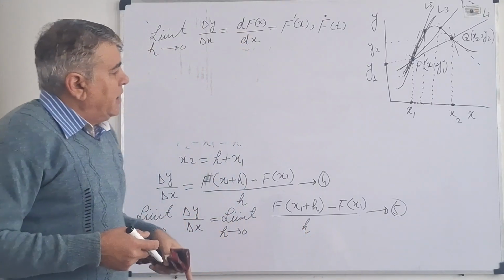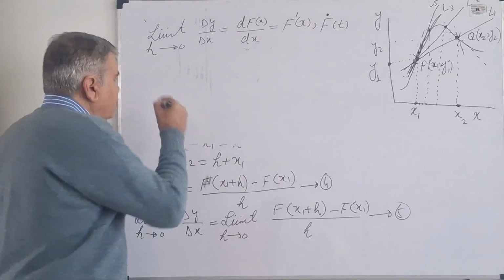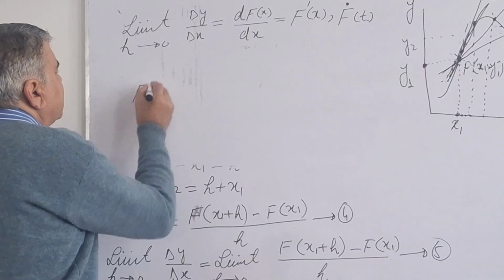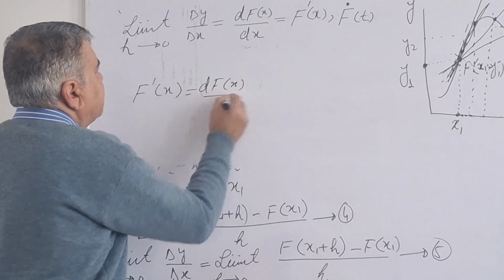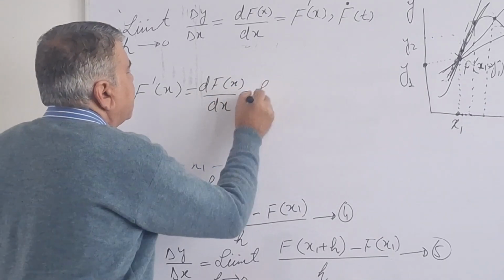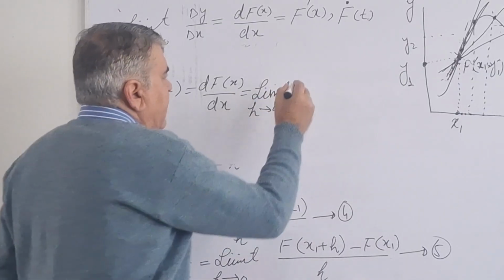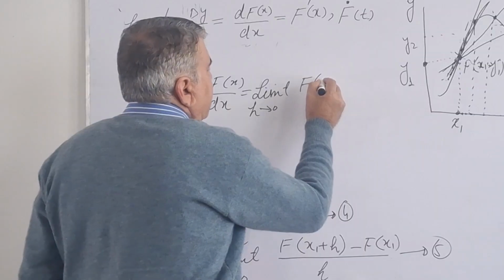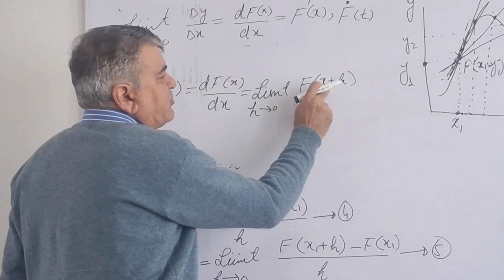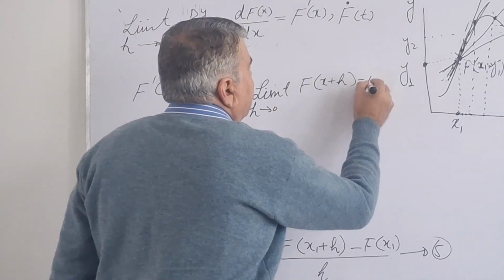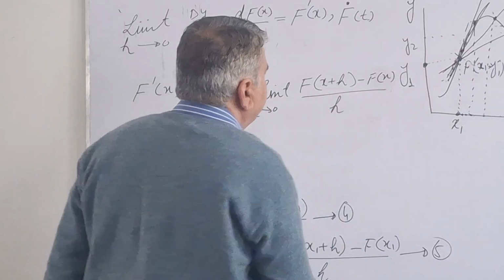So I will use this definition of derivative, that is, in general, we write the derivative of a function f prime of x equals df of x divided by dx equals limit h tends to 0 of f of x plus h, that is, I'm now dropping the subscript from x, minus f of x, divided by h.